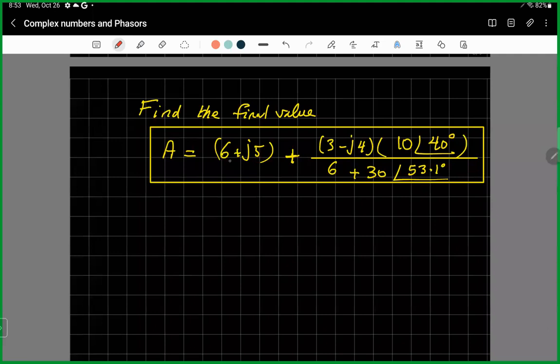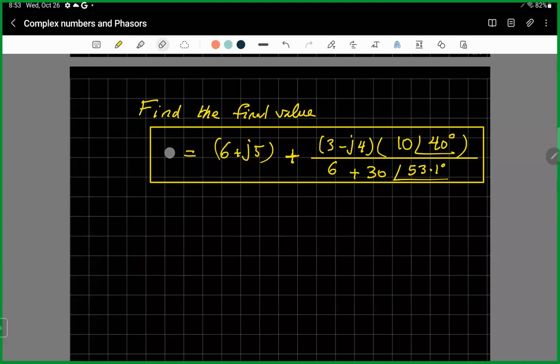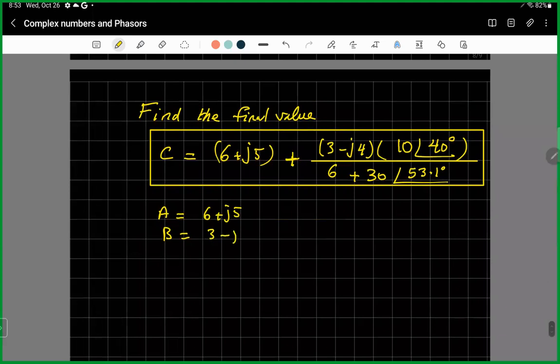Let me change the name; I'll call this C. A will be 6 plus j5, B is 3 minus j4, C is 10 angle 40, D equals 6, and E, the other number, is 30 on angle 53.1.